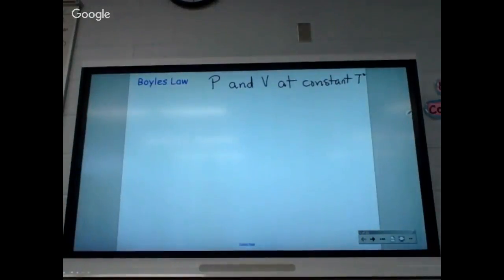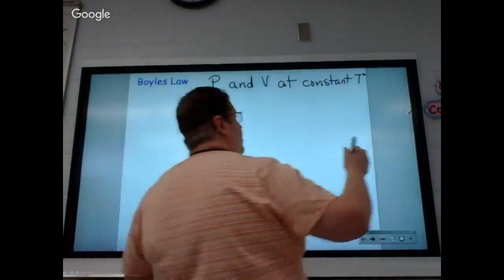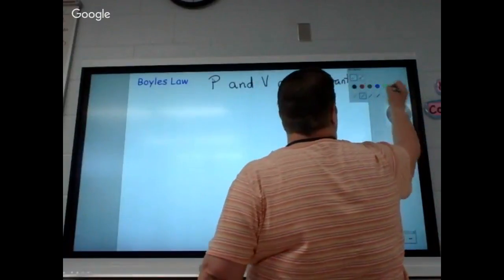Boyle's Law is pressure and volume at constant temperature. So, we have to know how the gas laws work. Okay? Part of the stuff on the test is understanding what happens. So, how do the gas laws function and operate?